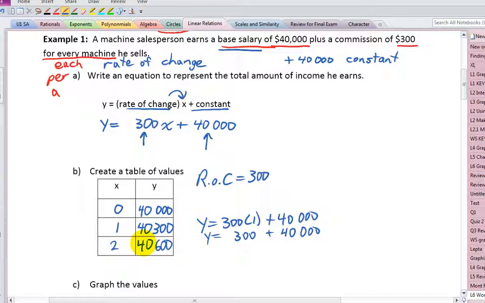So remember we talked about looking at patterns. That's one pattern. Why should you not choose x being negative numbers? Why didn't I include -2 and -1?